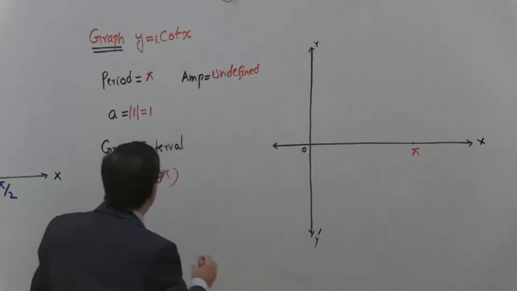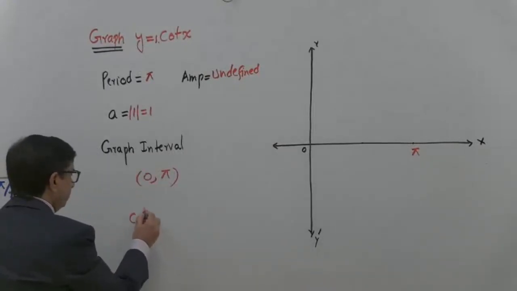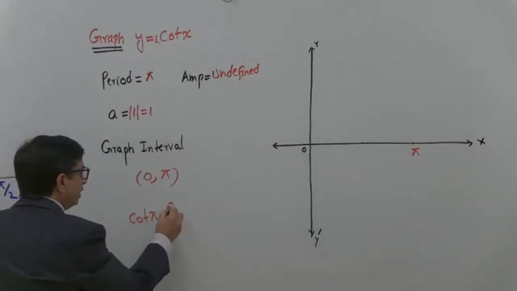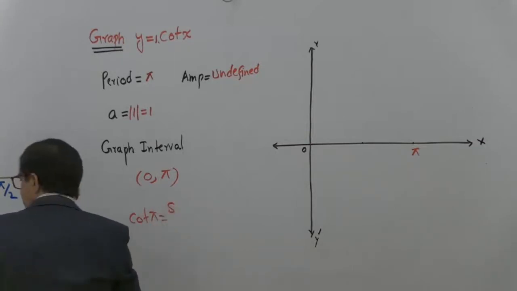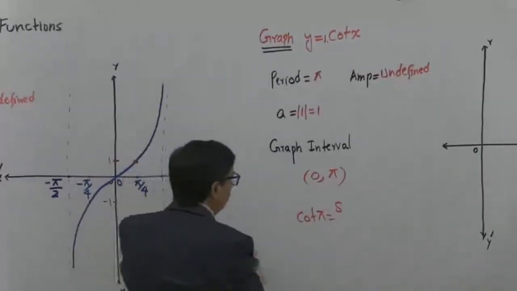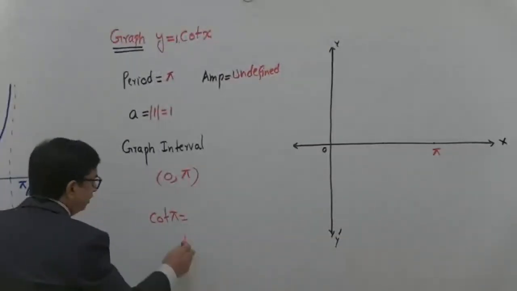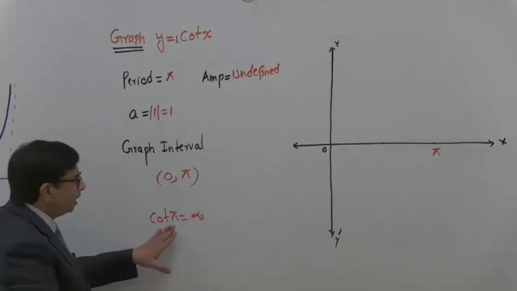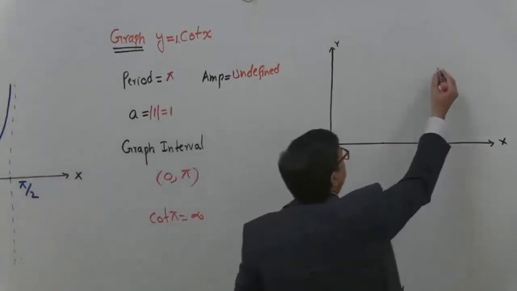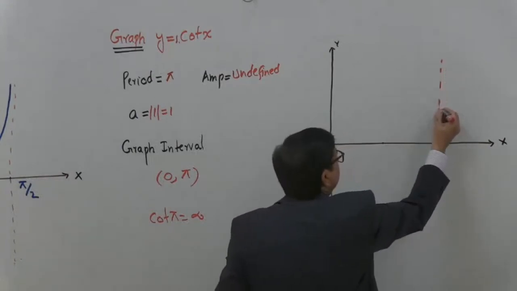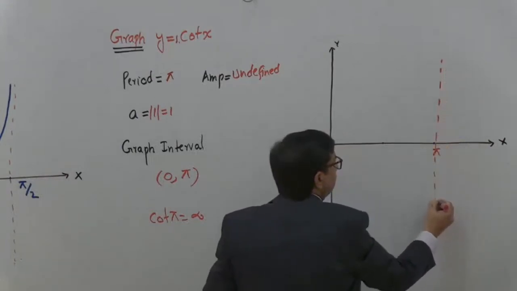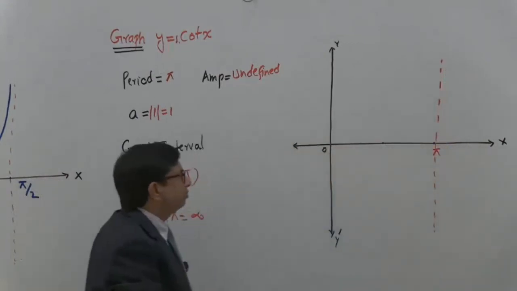And we know cotangent pi is cosine pi over sine pi, and this is undefined. So asymptotes exist at this point. There is an asymptote at this point.